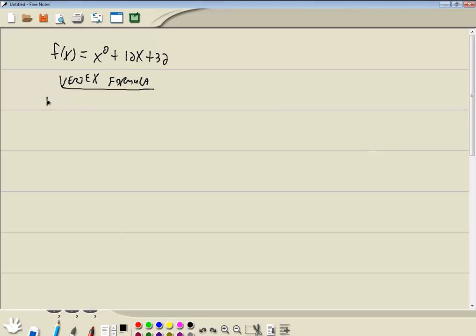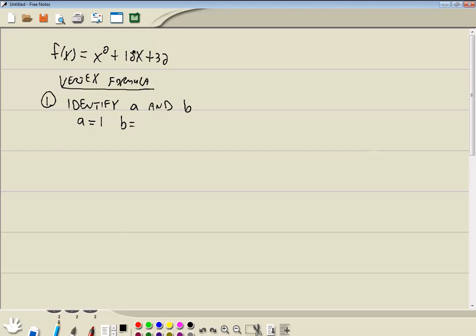Our first step in the vertex formula is to identify a and b. Now a is whatever's in front of our x squared, which in this problem there's no number there, so it's by default 1.